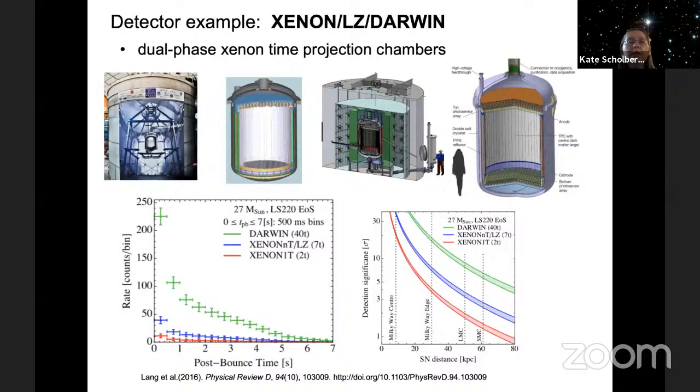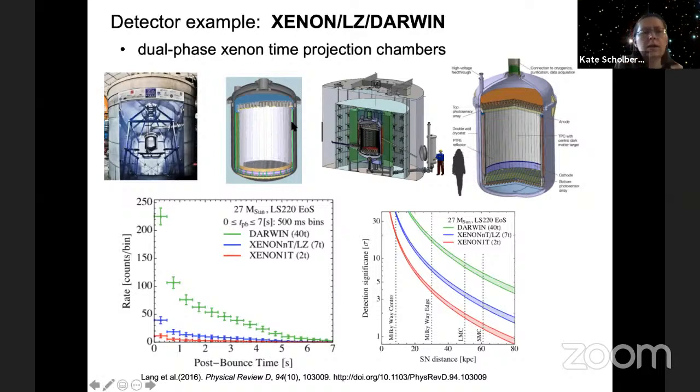And so these are examples of detectors that can exploit this kind of interaction. This is one kind of dark matter detector, it's also a time projection chamber, in that there's a drift of charge. It's not an imaging time projection chamber, but it does do drifting. This is an example for Darwin, which is a new generation 40-ton xenon detector.